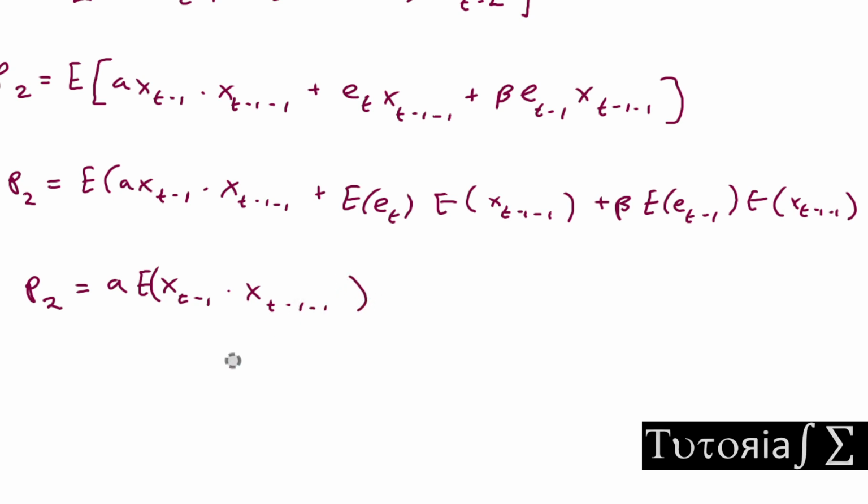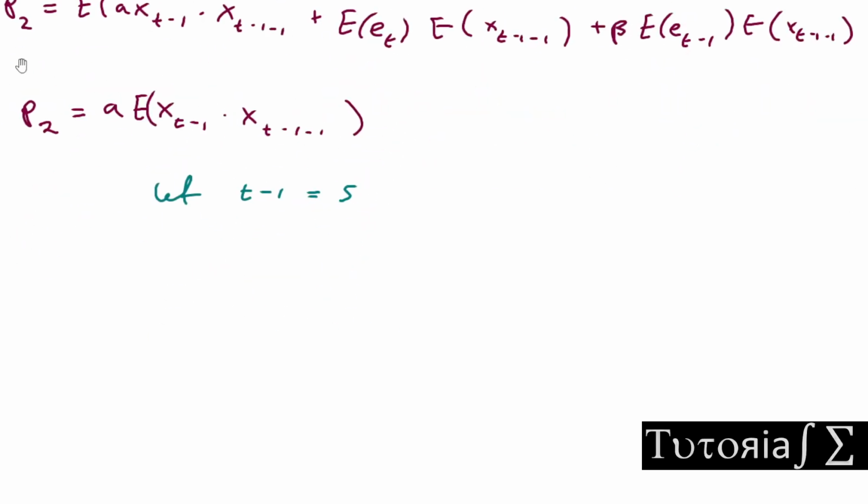So we're going to change the variable for t minus 1. So we'll let t minus 1 be some variable s, so that it looks more clean. So row 2 will just be a expectation of x_s times x_{s-1}.